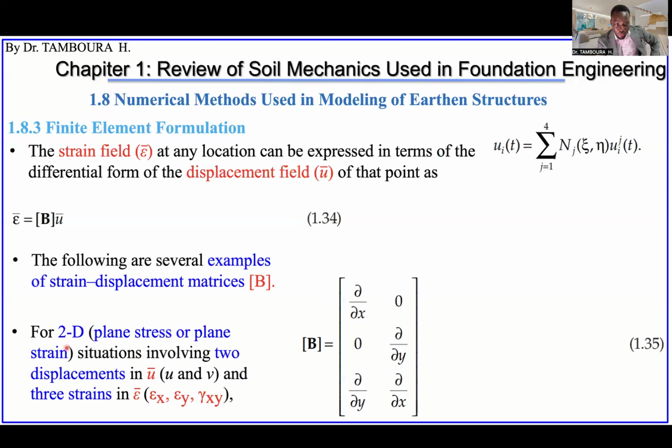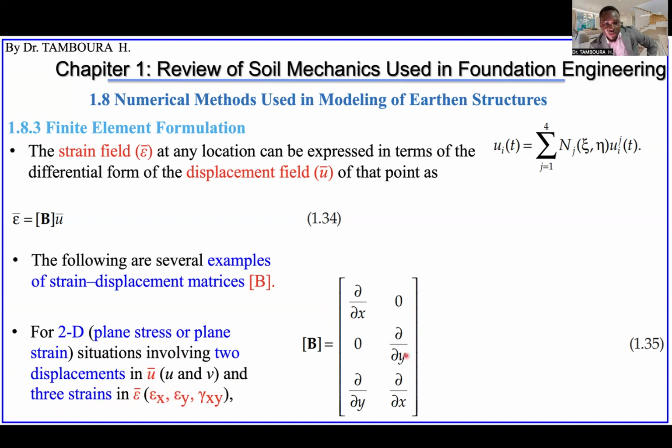In case of a plane stress or plane strain situation involving two displacements, you have this U and V, for example. This is for the displacement function. And the strain can be obtained like this.